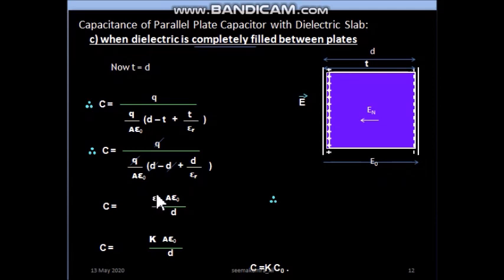Sometimes this epsilon R, the dielectric constant, is also denoted by capital K. That's why we say the capacitance of a dielectric-filled capacitor is K times the air-filled capacitor, so C equals K times C0. This way we have done the dielectric-filled case, both partially filled and completely filled.